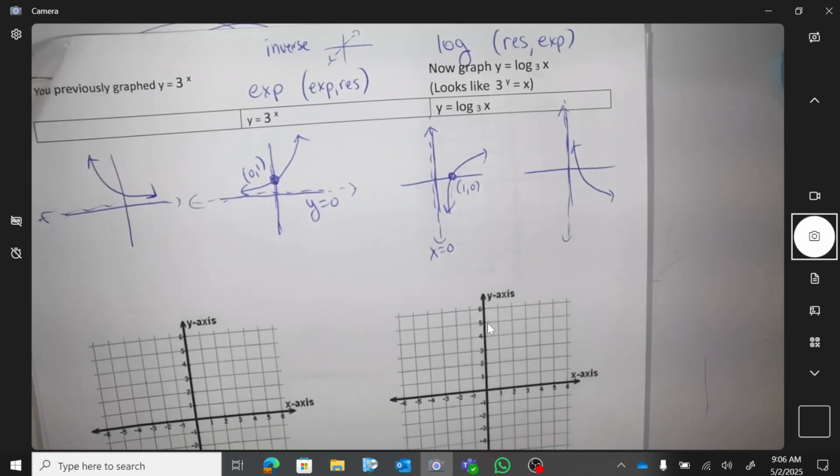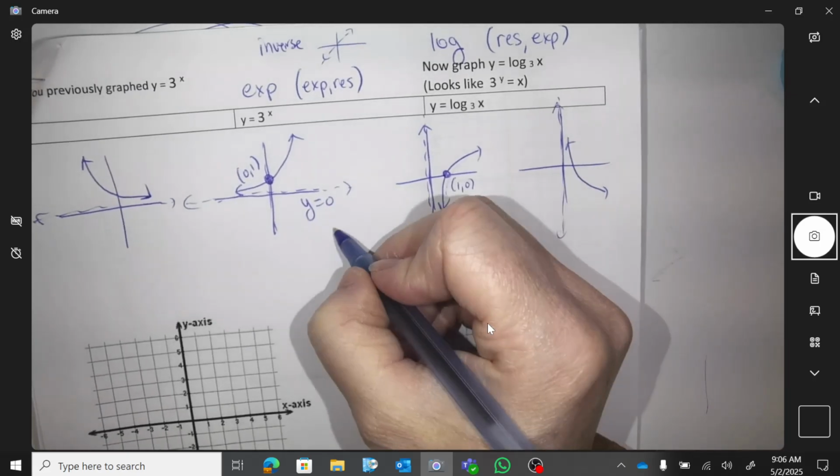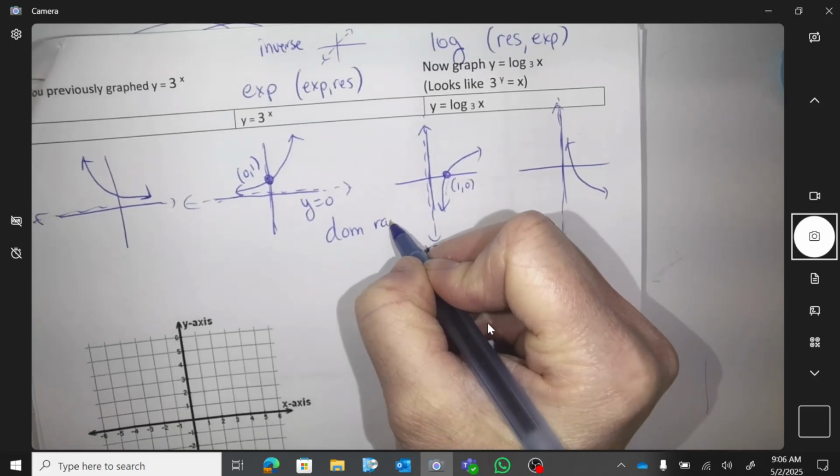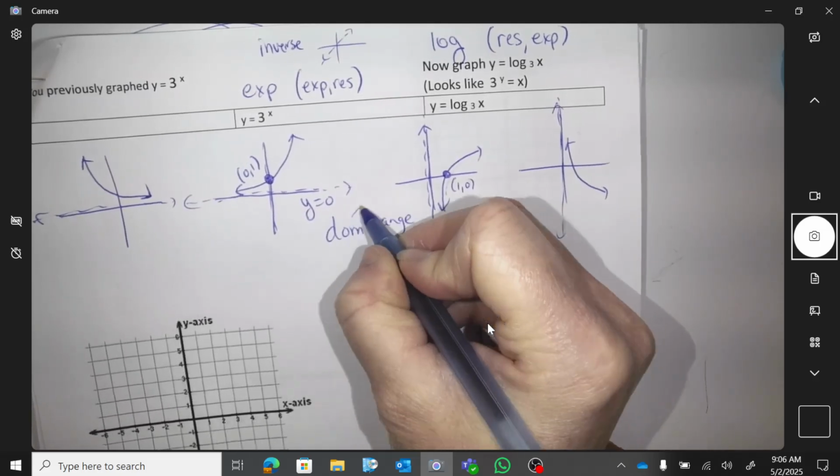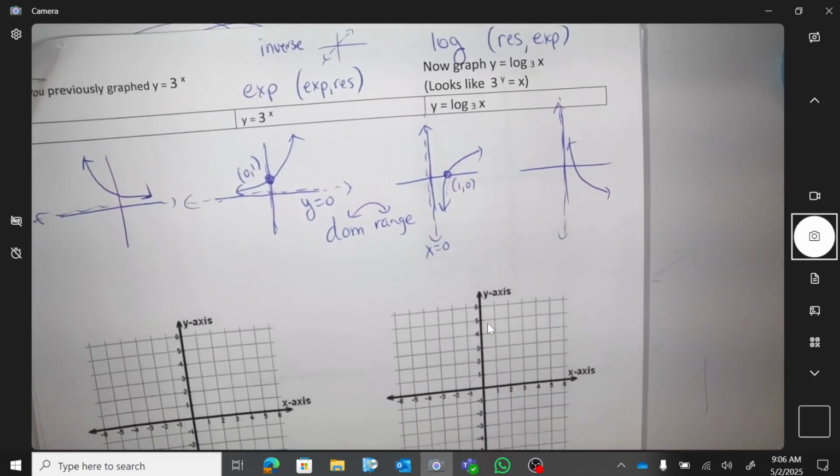Everything's just switching. Domains and ranges will switch. X and Y switch, domain and range switch. Asymptotes switch horizontal to vertical. Okay? Obviously transformations are going to do things that are different, right? But this is just the main idea.